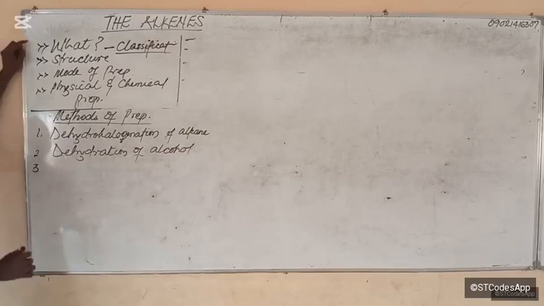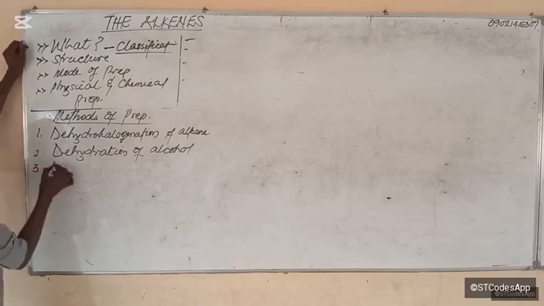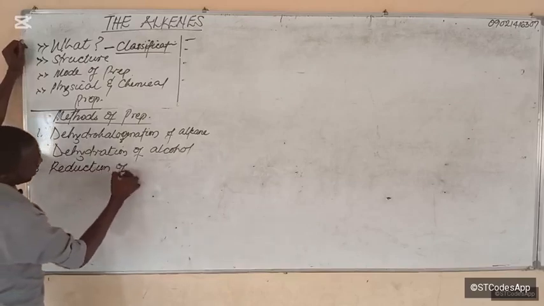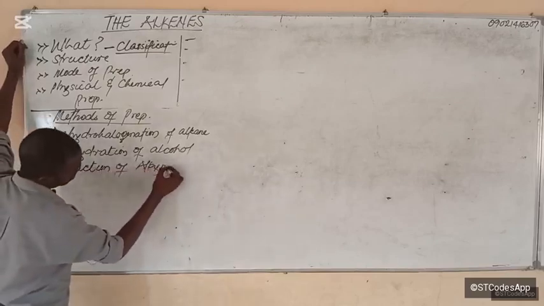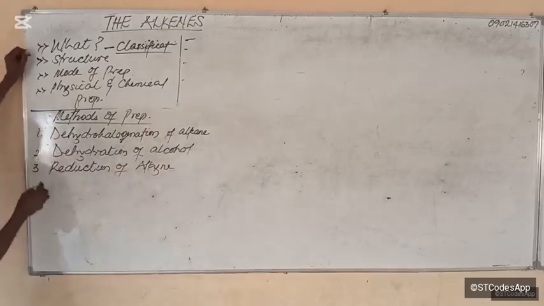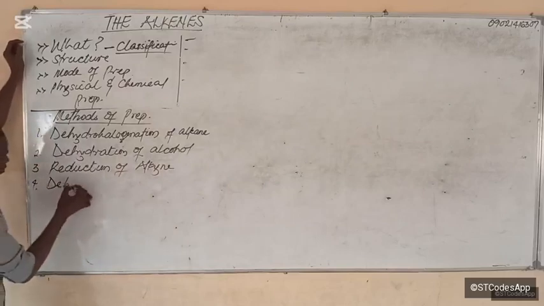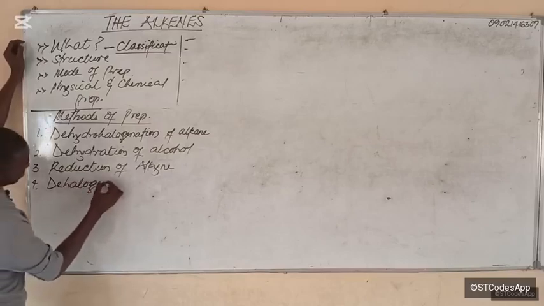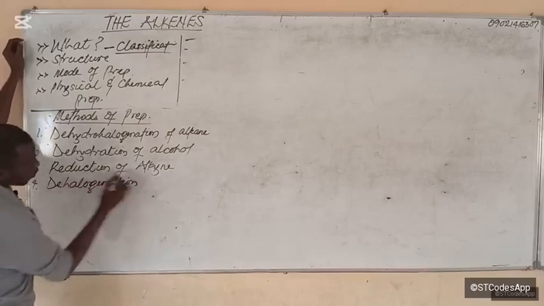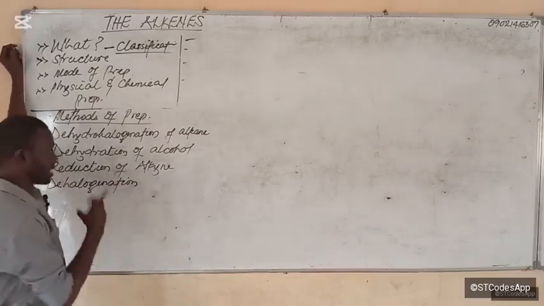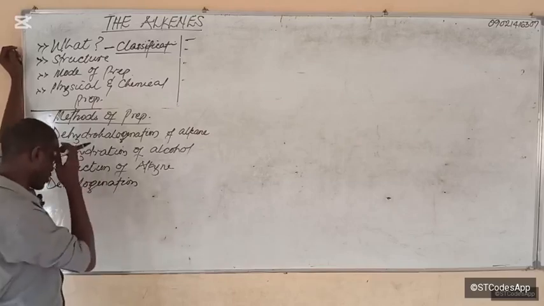Then the third is reduction of alkyne. Another method of preparation is dehalogenation. So what do you see? All you're seeing here is an elimination reaction. In most of the cases, elimination reaction.